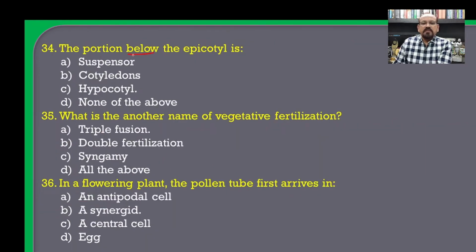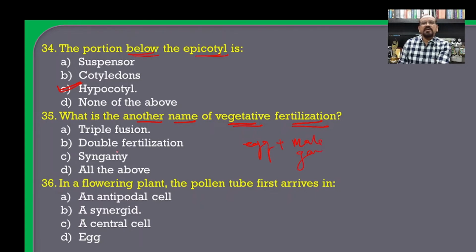The portion below the epicotyl is, earlier we have seen in the diagram, first the epicotyl, then the hypocotyl, and then the suspensor. It means that below the epicotyl there is a part of the embryonic axis, and that is known as the hypocotyl. Then what is another name of vegetative fertilization? Sexual fertilization is nothing but the fusion of the egg with the male gamete.